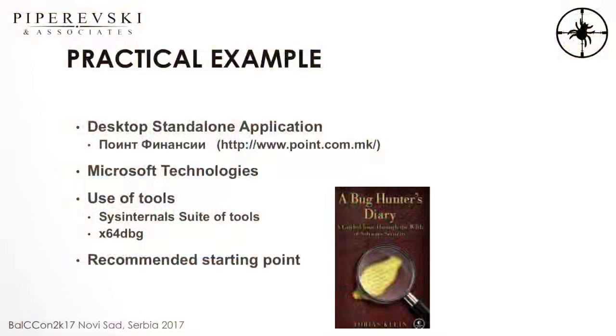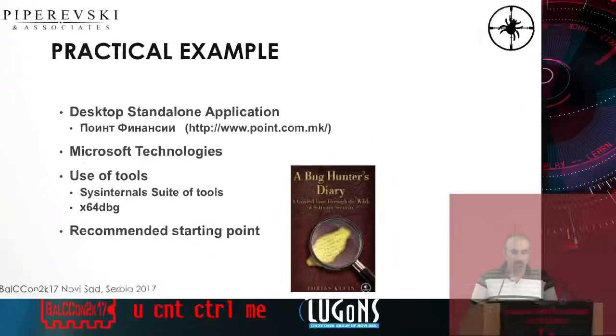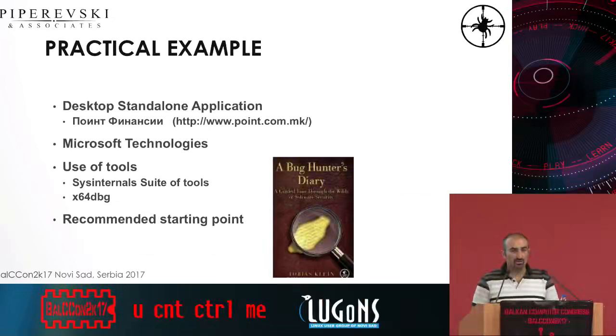Meanwhile, if you want to learn more and get hands-on right away with vulnerability research, there is a really good book called A Bug Hunter's Diary. It is not a very old book; it's from 2014. You can find it on Amazon and buy it. It's the best starting point if you want to go into vulnerability research and exploit development.